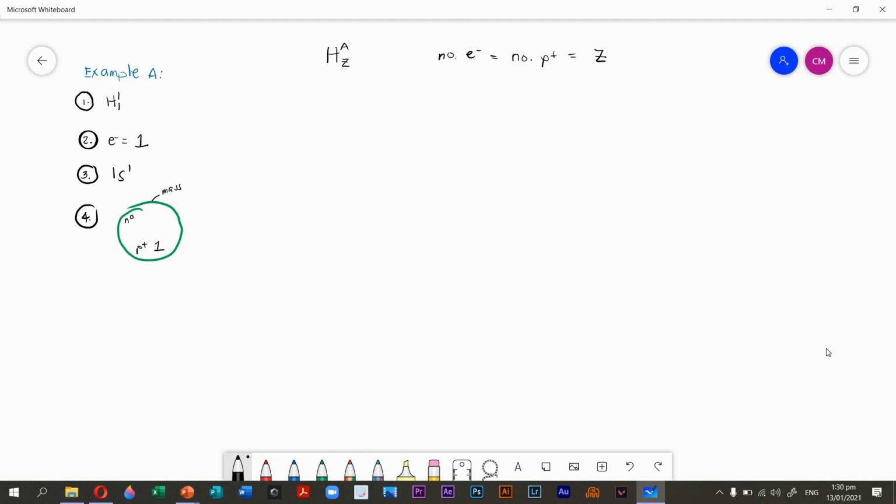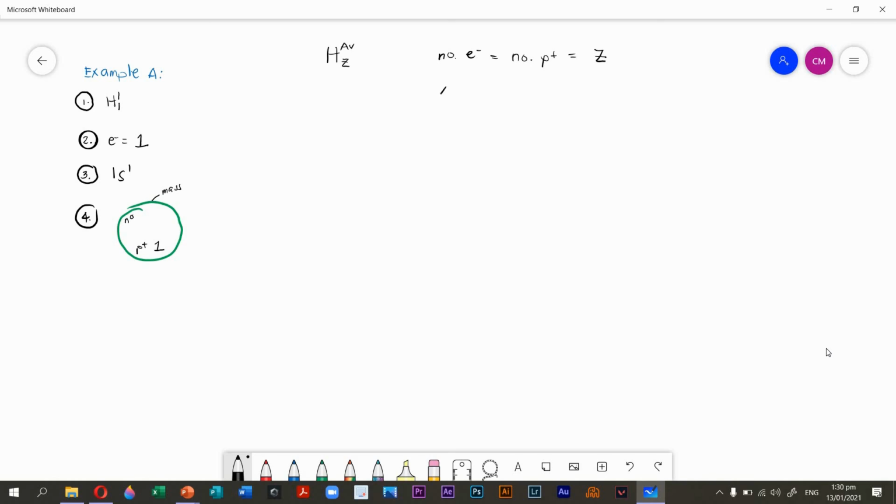Therefore, if you want to look for the mass, you just have to identify how many protons are there and how many neutrons are there, and then combine them to get the atomic mass. In this case, we already have the mass. The atomic mass of hydrogen is 1.